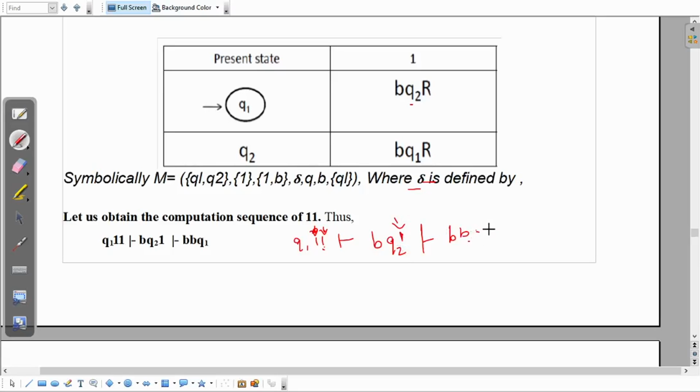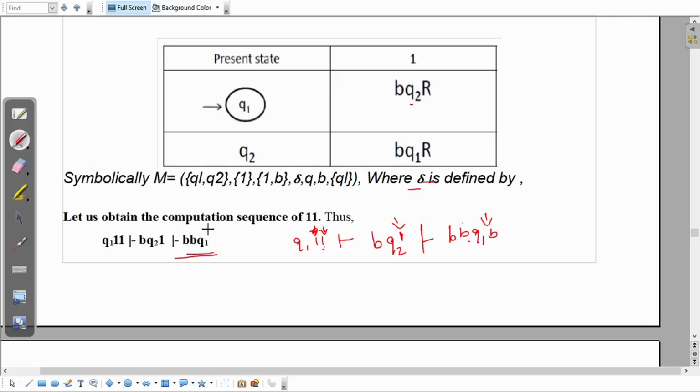After this character there is nothing, just a blank, and since Q2 on 1 goes to Q1, this Q1 should come before the read write head pointer. So that is what is specified here.